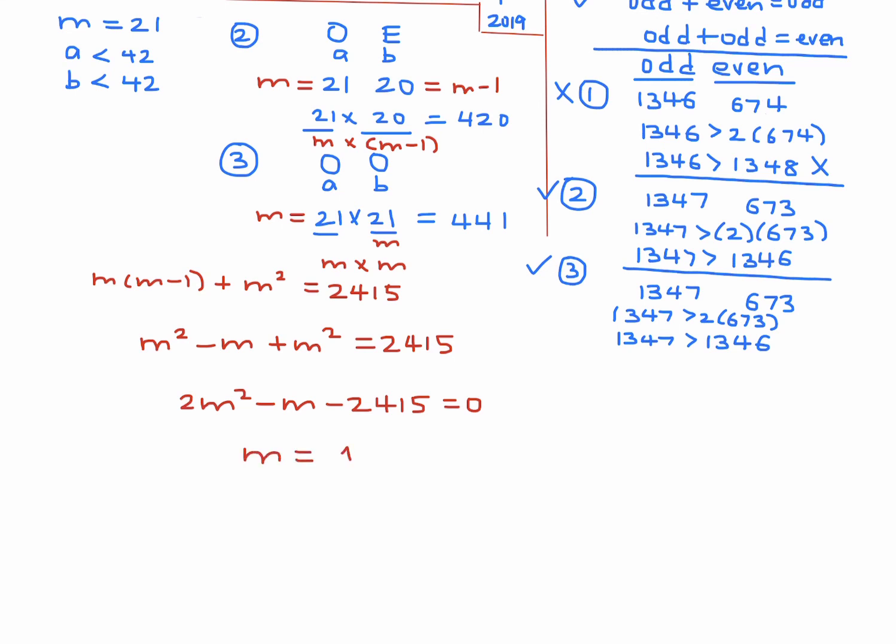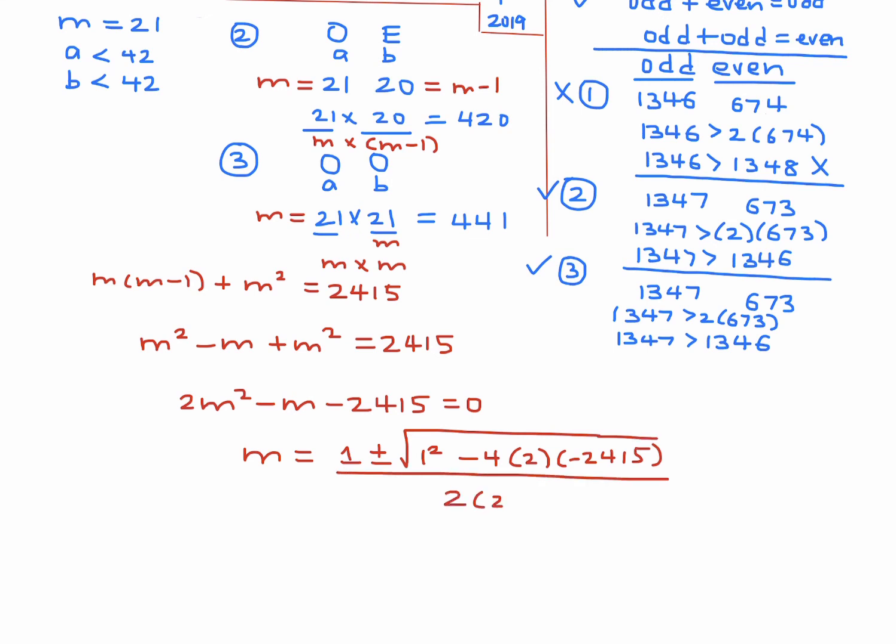M is equal to minus B plus or minus the square root of B squared minus 4AC. And on the Canadian exams, you're allowed to use a calculator. So this will be 1 plus or minus. When you do that and you take the square root, you get 139. Very nice integer. And then obviously, you're going to take the positive one. So 1 plus 139 divided by 4 is 35.